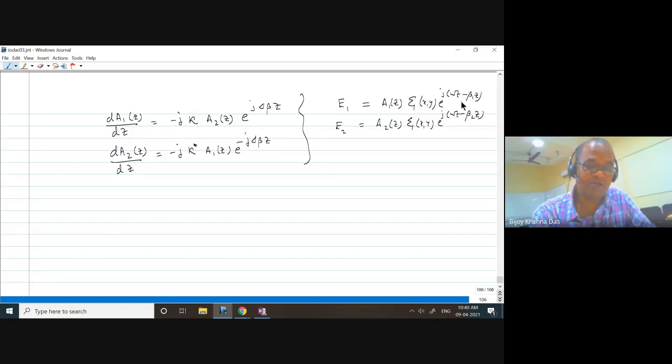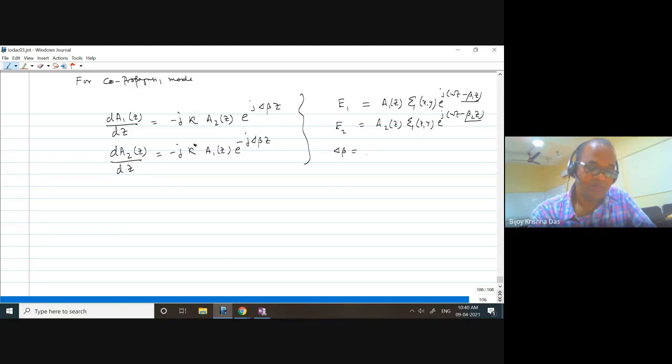Note that here also minus beta 1 z, here also minus beta 2 z, meaning they are co-propagating. So for co-propagating modes, again I am saying, for a periodic perturbation, you should not forget that this is very, very important.